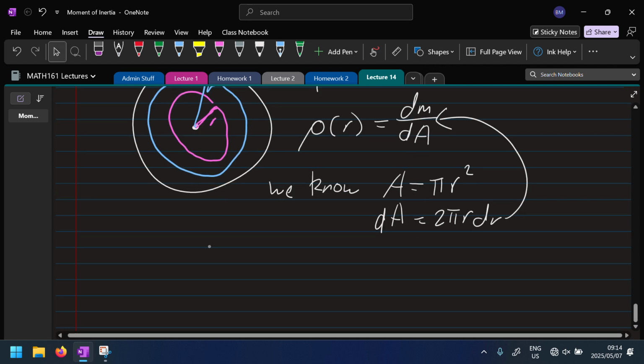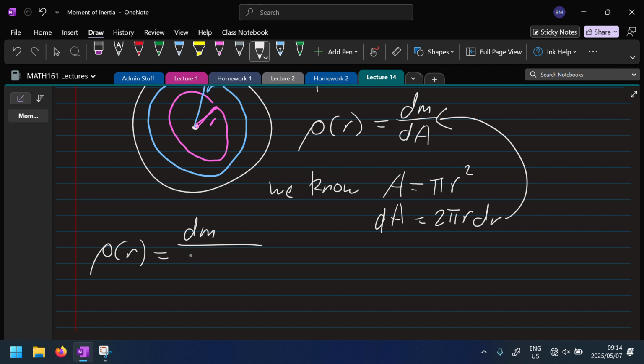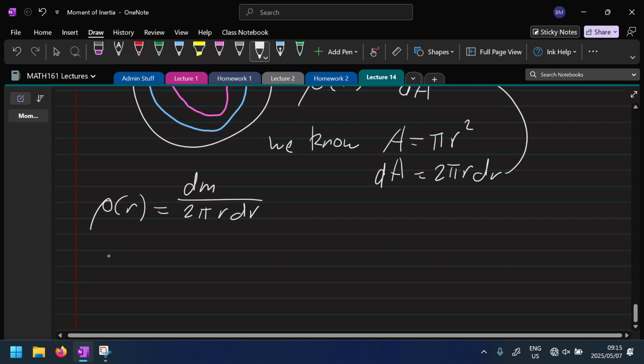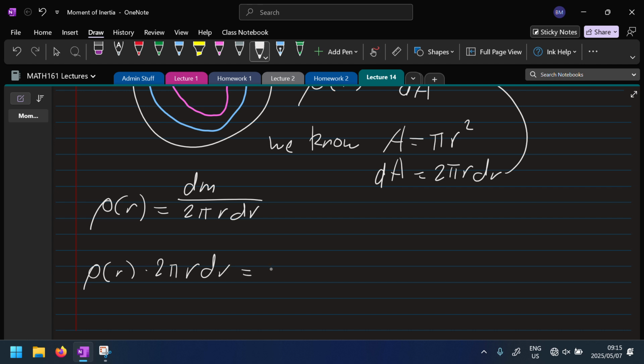Okay, so substitute back. So we end up with rho of r is equal to dm over 2 pi r dr. Okay. Now this 2 pi r dr, we're going to take over to the other side. So we're going to have rho of r times 2 pi r dr is dm, which is what we wanted.